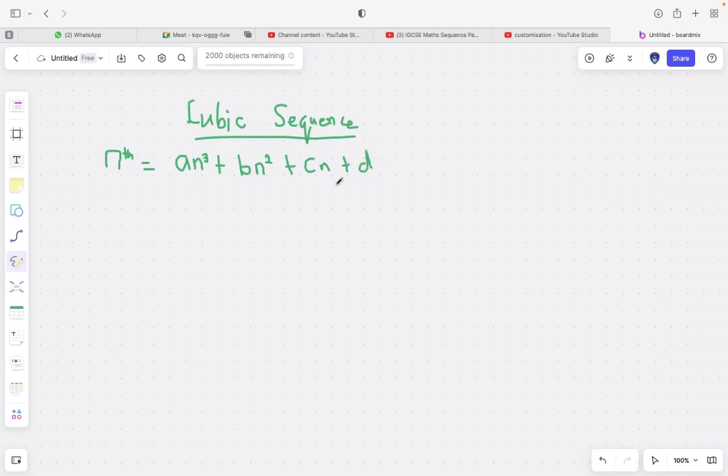Is that okay? This is the formula for calculating the nth term of a cubic sequence. You can see the highest power is 3.